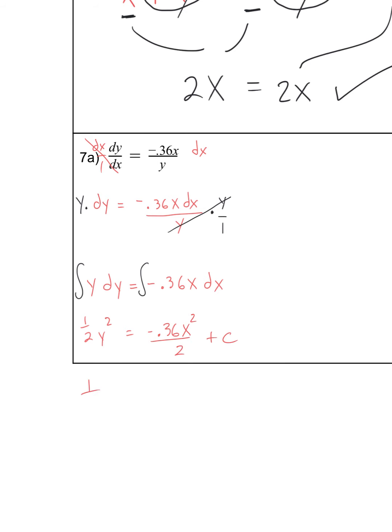And now we just simplify the right side. When we divide out, negative 0.36 divided by 2 gives me negative 0.18 x squared plus c.